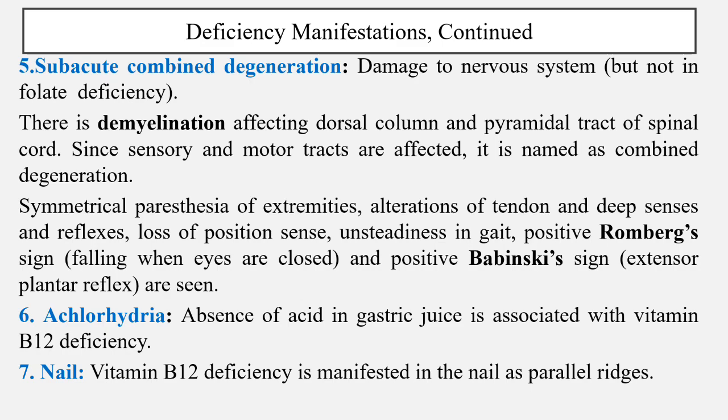Next, achlorhydria, the absence of acid in gastric juice, mainly HCl, due to B12 deficiency. In B12 deficiency, parallel ridges are seen on the nails.